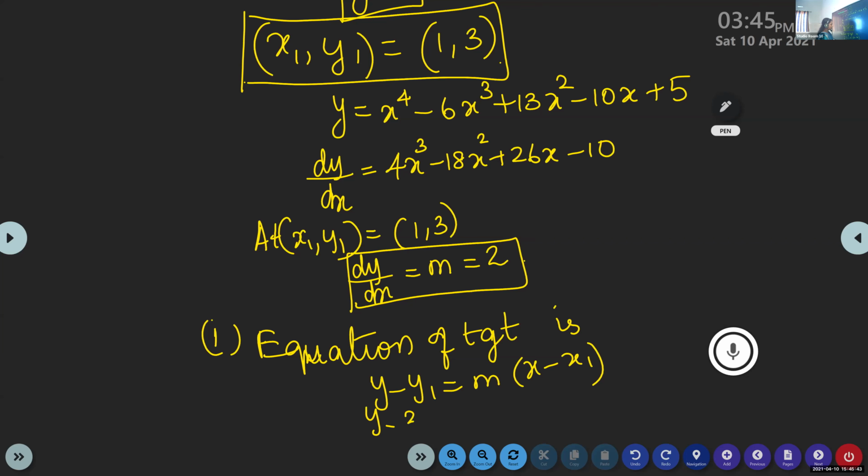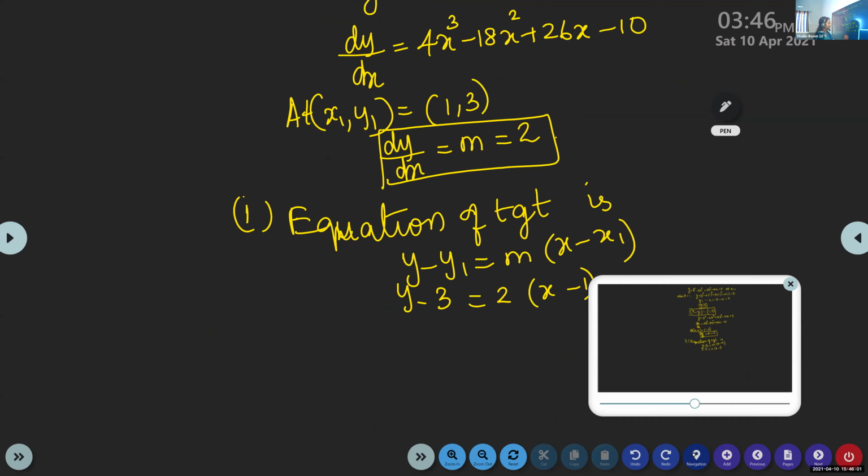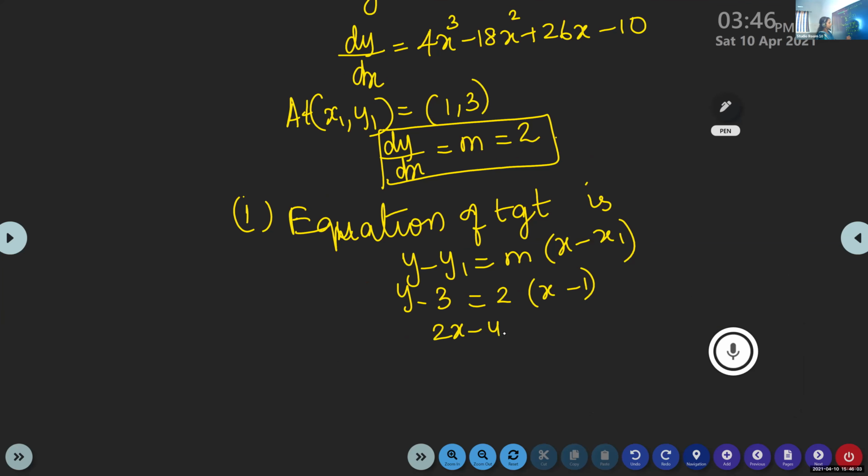Y1 is 3, is equal to 2 into x minus 1. Open the bracket, simplify and give the equation. 2x minus y plus 1 is equal to 0.